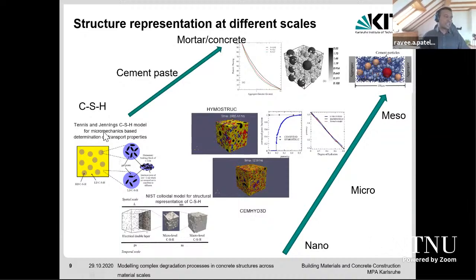At the scale of CSH, or at the nanoscale, we have different models which we can use, for example analytical homogenization, and models which give the representation of 3D structures. At the scale of cement paste, there are different types of models again, but we can probably classify them into two categories, which are shown here.